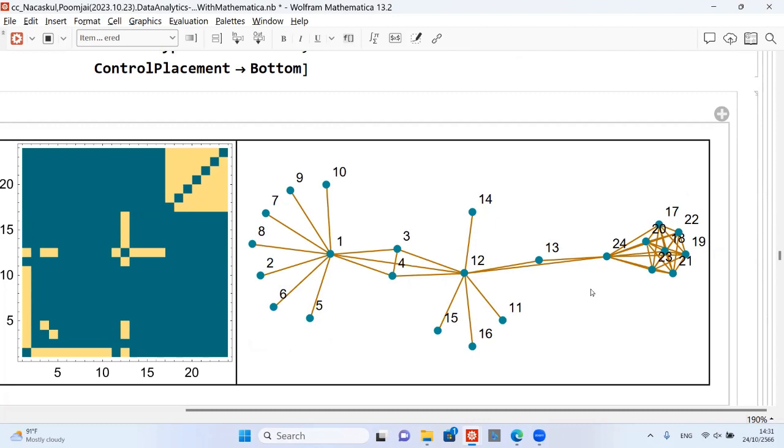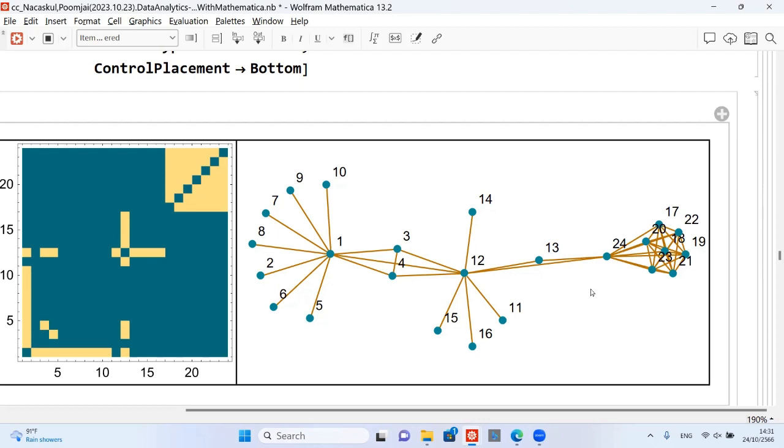So let's say from a network or connectivity perspective, somebody is important if, when he's not there, the whole thing falls apart. Now, in this case, if he's not there, what it means is that the edges that connect to him are also not there.